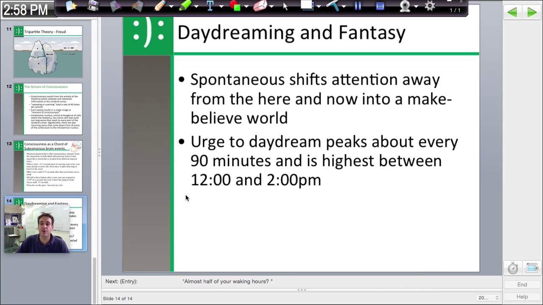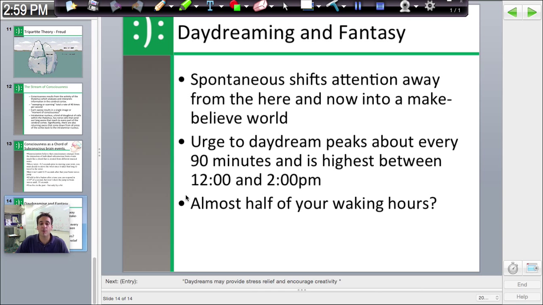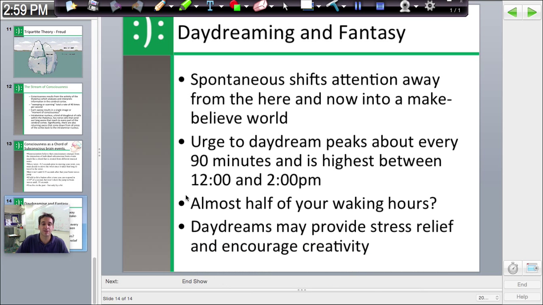The urge to daydream peaks about every 90 minutes and is highest between 12 and 2 p.m. So right in the middle of the day is when the most daydreaming occurs. Almost half of your waking hours involve some type of daydreaming.